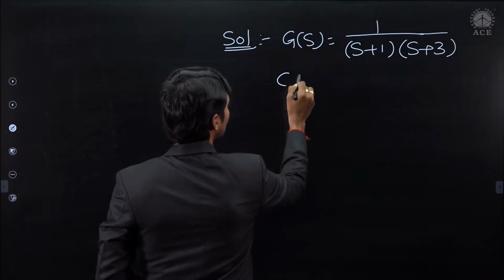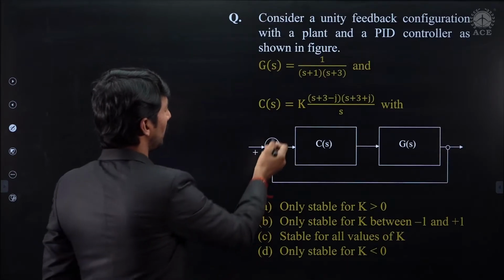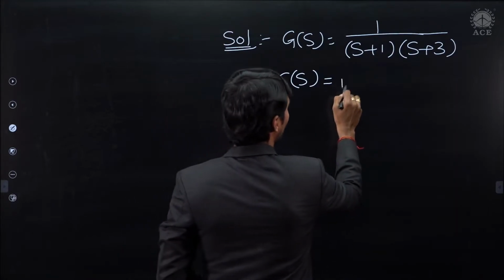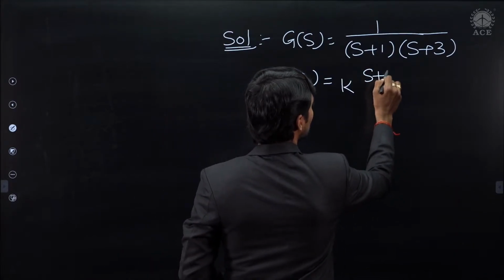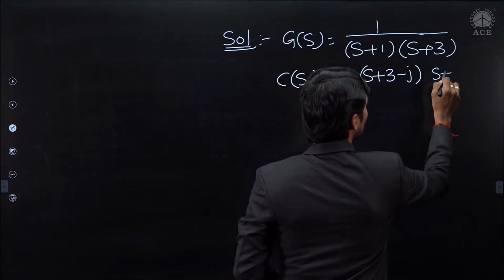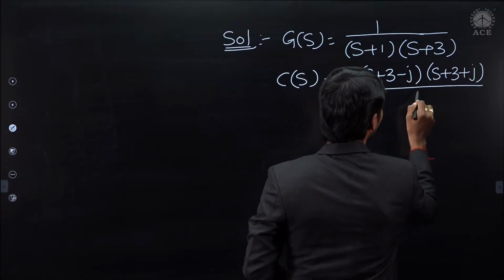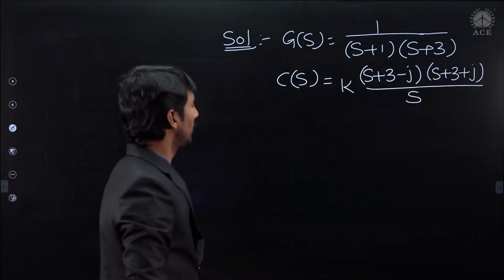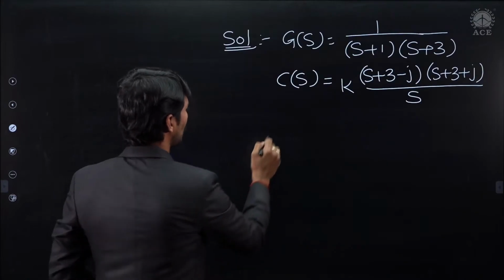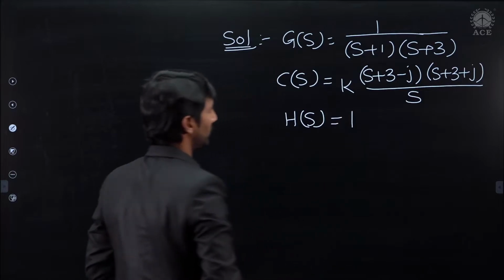And C of S is equal to K into (S plus 3 minus J) into (S plus 3 plus J) by S is given. And unity feedback means H of S is equal to 1.